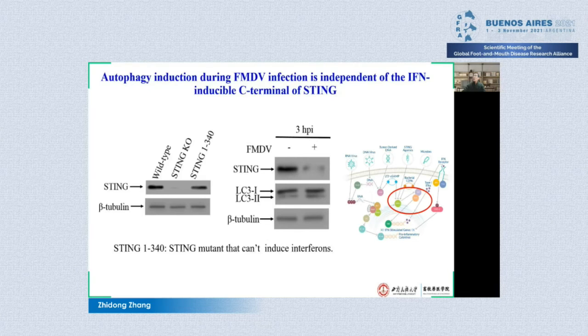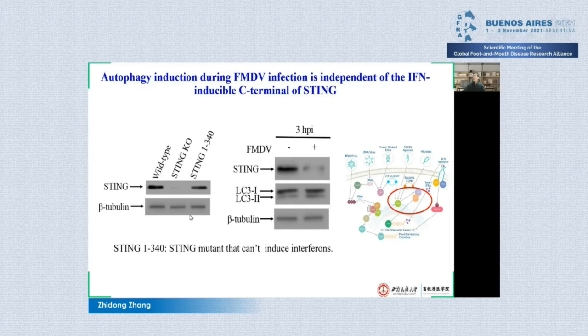STING also activates TBK1 with its C-terminal domain, and the truncation mutant STING 1 to 340 couldn't activate TBK1. So we constructed the STING 1 to 340 mutant and expressed it in the cells.